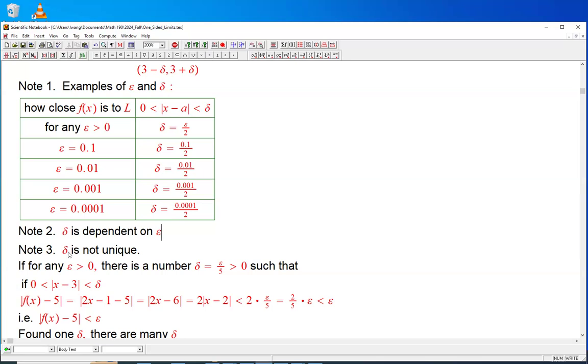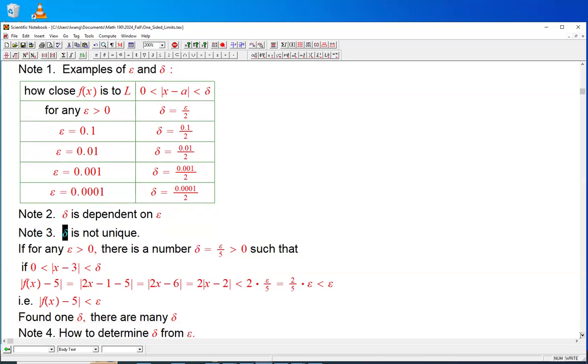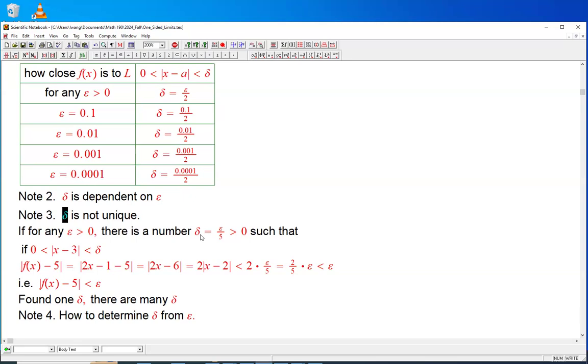Number 2, we say delta is not unique. For example, in our example, I could choose delta equals epsilon divided by 5. If I choose delta equals epsilon over 5, I'm going to work it out.